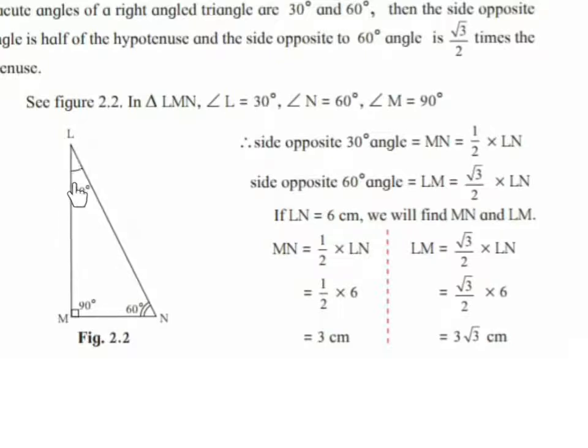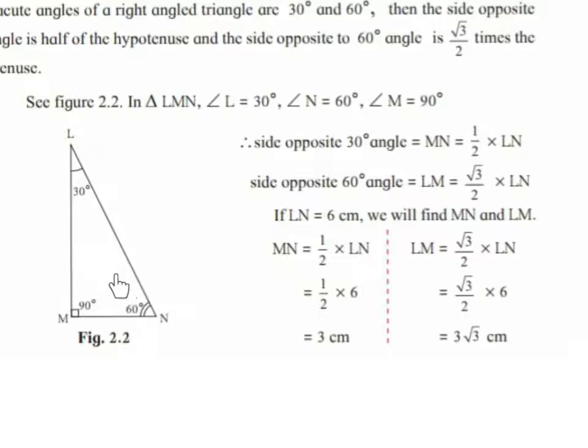There is triangle LMN, in which angle M is 90°, angle L is 30°, and angle N is 60°. So by the 30, 60, 90 property, we know that the side opposite to 30°, that is angle L, which is side MN, is half of the hypotenuse.